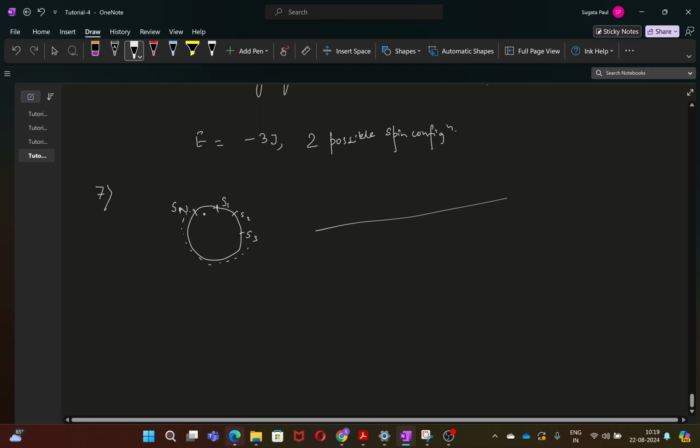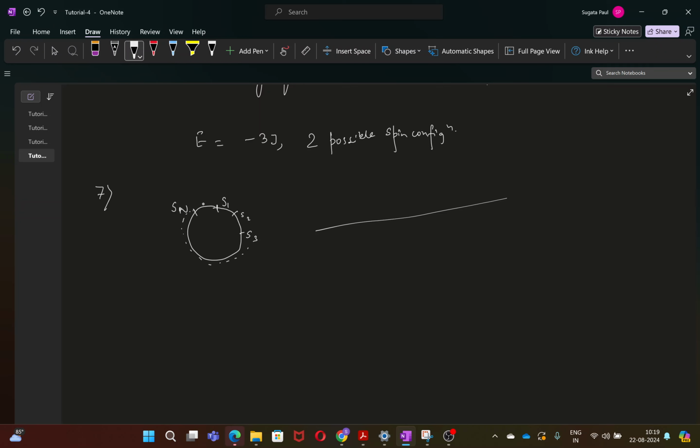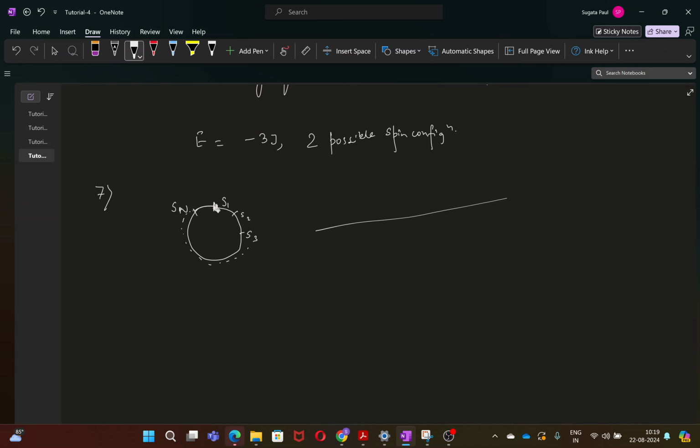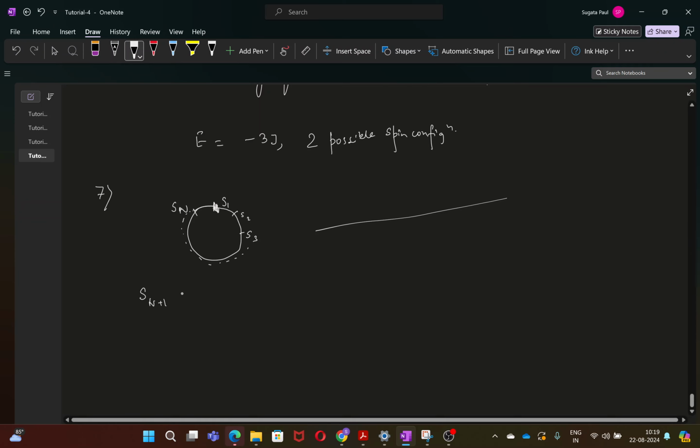Now, after that, your chain does not end because it is a closed chain system. The n plus 1th spin is not a separate new spin, but it is the same as the first spin that we started with. So Sn plus 1 equals S1 in the closed chain Ising model of total n spins.